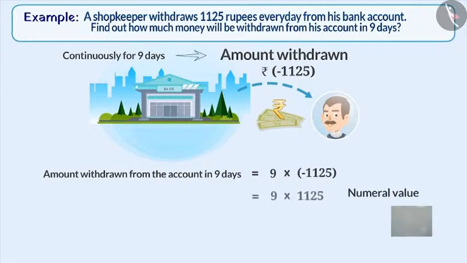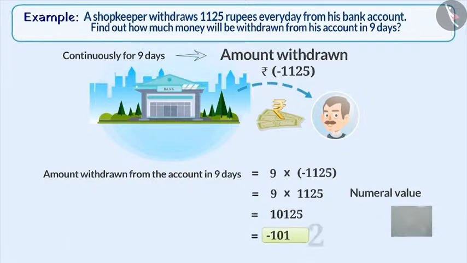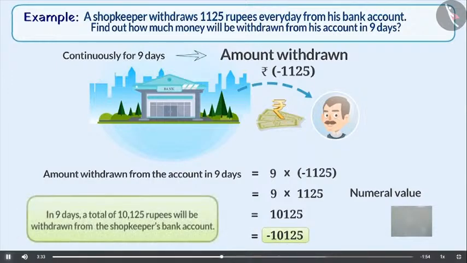The product of 9 into 1,125 will be 10,125. We already know that when a positive integer is multiplied with a negative integer, then the product is always a negative integer. Therefore, the result will be minus 10,125. That means in 9 days, a total of 10,125 rupees will be withdrawn from the shopkeeper's bank account.